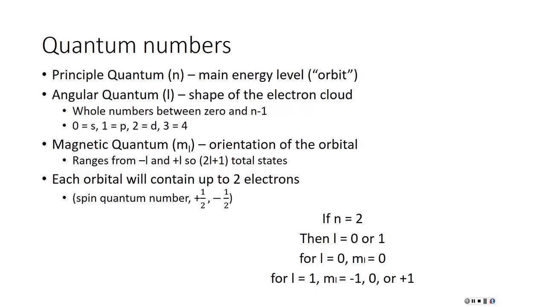So that's why you end up with 2 electrons in the first one. Now when we go through 2, you get 0 and 1, 0, 0.